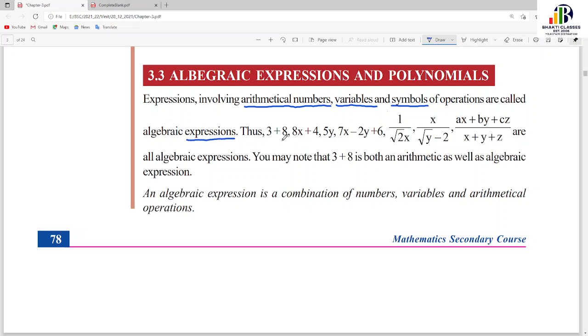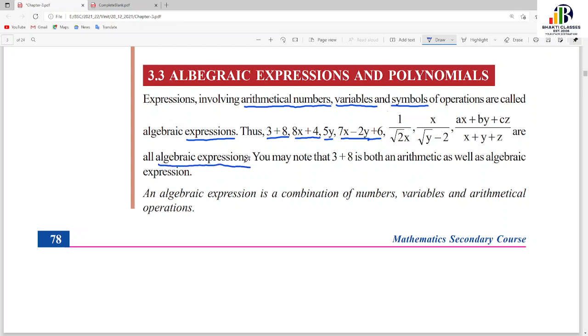For example, 3 plus 8, 8x plus 4, 5y, 7x minus 2y plus 6, 1 upon root 2x, x upon root y minus 2, (ax plus by plus cz) upon (x plus y plus z). All these are algebraic expressions.